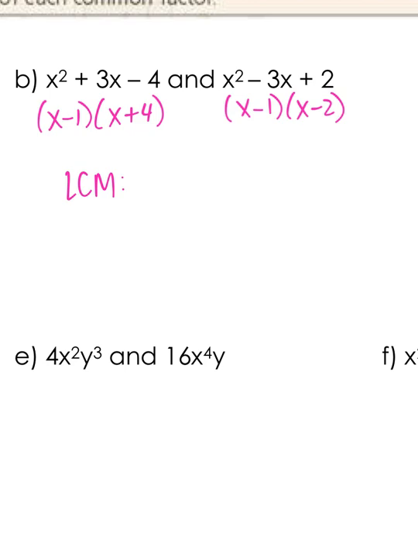So for my least common multiple, I have x minus 1 twice, but I don't need to list it twice. I'm only going to list it the one time. Then I have x plus 4 and x minus 2.